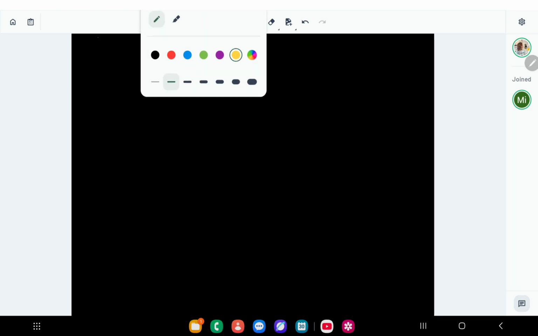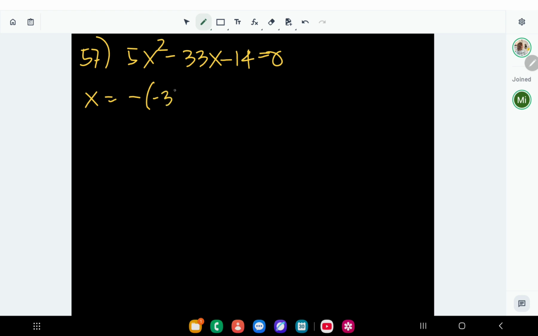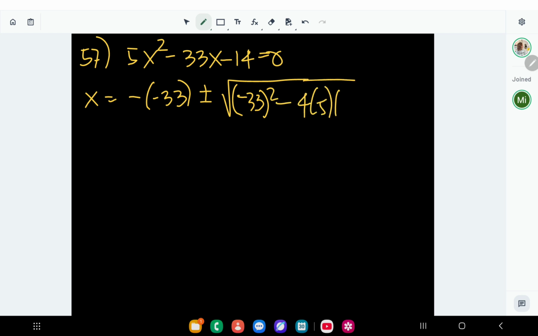So number 57, we're given this equation: 5x squared minus 33x minus 14 equals 0. Then we use the quadratic formula. Negative 33 plus or minus the square root of negative 33 squared minus 4 times 5 times negative 14, over 2 times 5. These are big numbers.